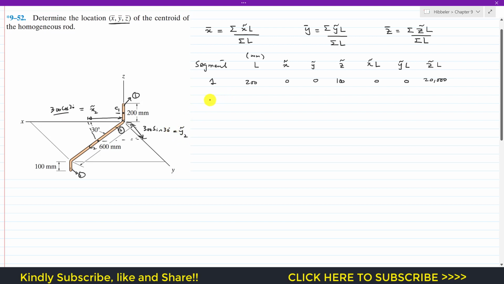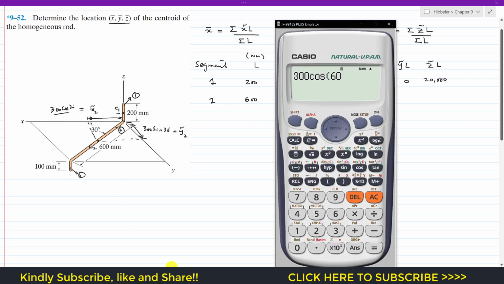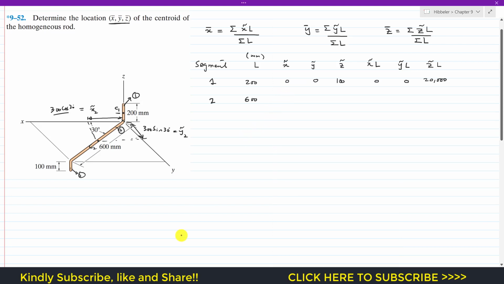So now we need to write segment 2. The length of segment 2 is 600, so I will write 600, and x tilde 2 is 300 cos of 30, which is 259.808.